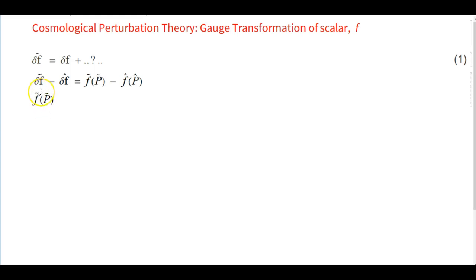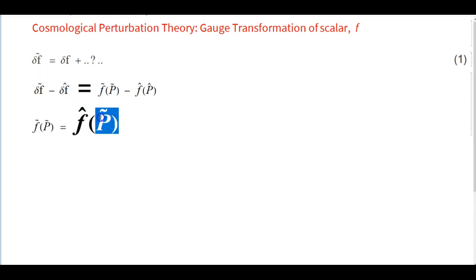When you transform a scalar at the same physical location in four-dimensional space-time, same point p tilde, from one gauge to another gauge, the value of the scalar is the same. So this will be f caret at p tilde.